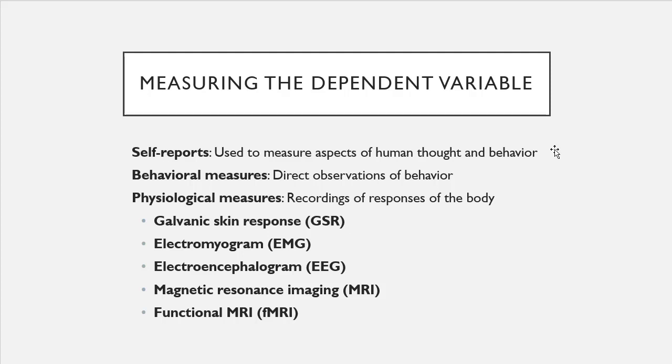So the physiological measure is measuring literally the physiological responses that your body has when you're being recorded doing something, generally for the sake of psychological research. We could use something like biofeedback, which is about electrical conductivity. So if we wanted to do biofeedback, we could put it on your chest to see how much your heart rate changes based on a certain situation.